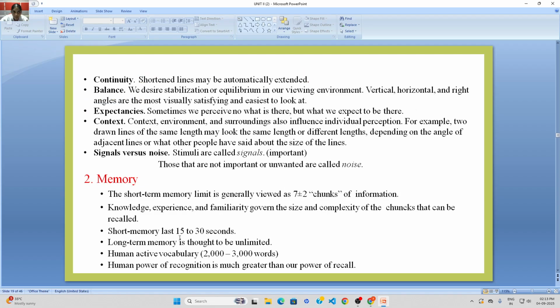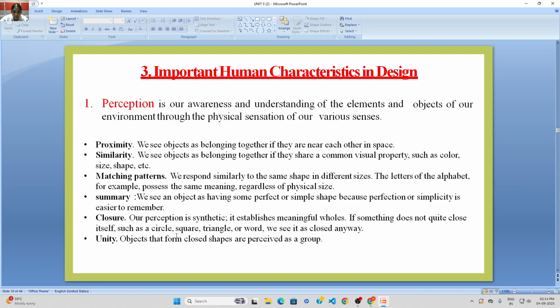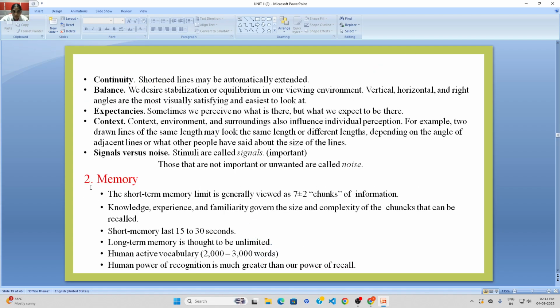Then continuity, balance, expansion, and context. The next one is memory. The first one we have seen is perception. The second one is memory. Short-term memory is limited, while knowledge, experience, and familiarity grow with the size and complexity. Short-term memory lasts 15 to 30 seconds.